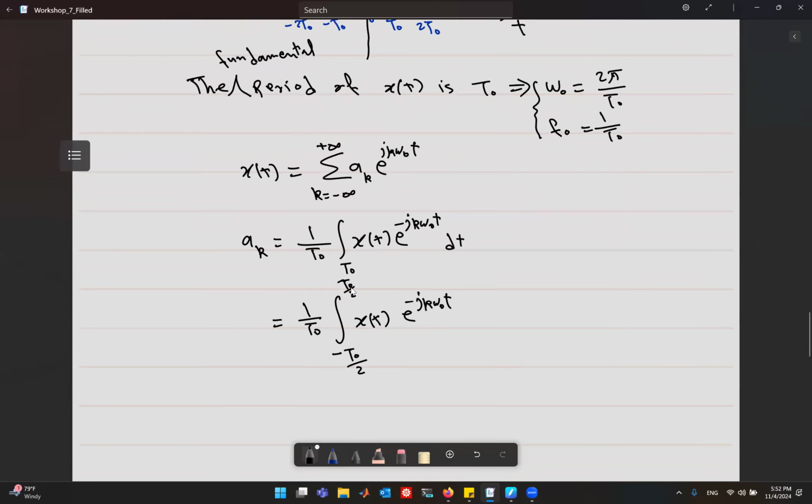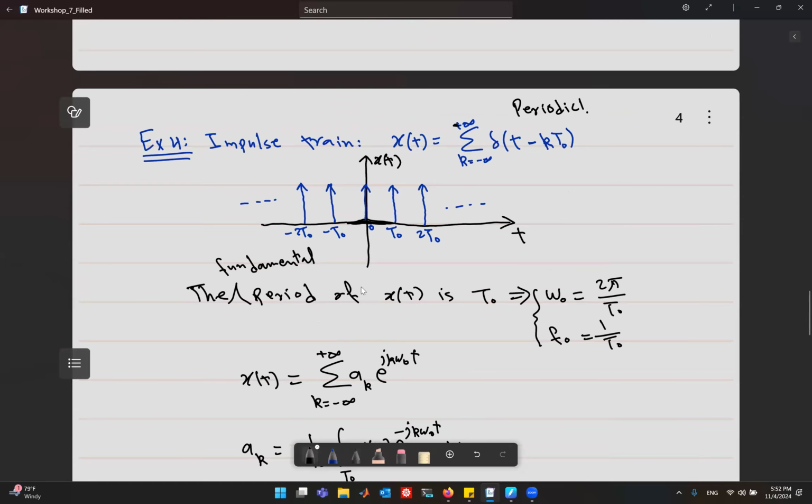And if we look at this interval from minus t naught over 2 to t naught over 2, so it's from somewhere here to here, this period contains only one impulse, which is delta of t. So this is just delta t. And this one is delta t minus t naught, this delta t minus 2t naught, and so on.